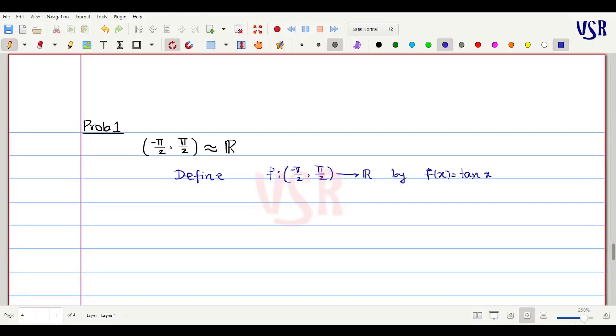Clearly, how does the graph of tan x look?